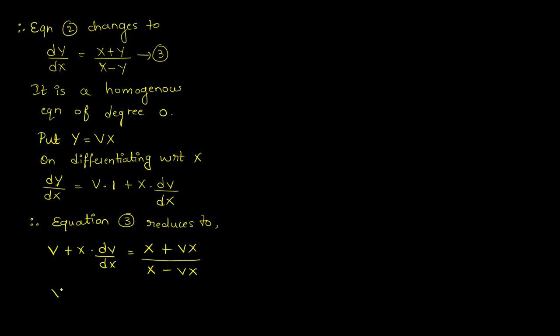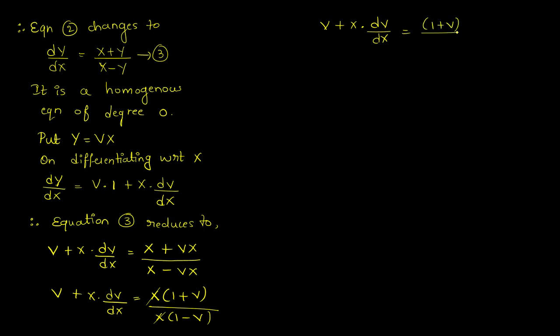Now we need to simplify this. v + x dv/dx equals, here we can see x is common, so we get x(1 + v) divided by x(1 - v), where x and x get cancelled, so we get v + x dv/dx equals (1 + v)/(1 - v).